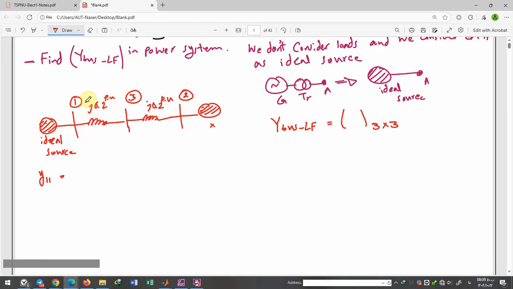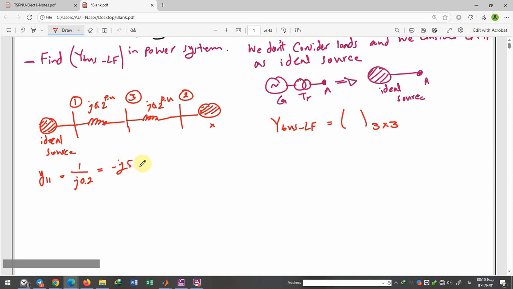This is j0.2 as reactance, and it is only connected to bus 1. So we should invert this reactance connected to bus 1. The inverse of j0.2 per unit means minus j5.